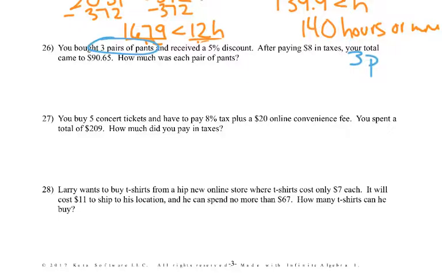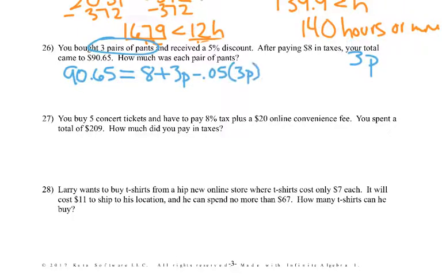And we received a 5% discount on that and then paid the $8 in taxes. So our total is 90.65.